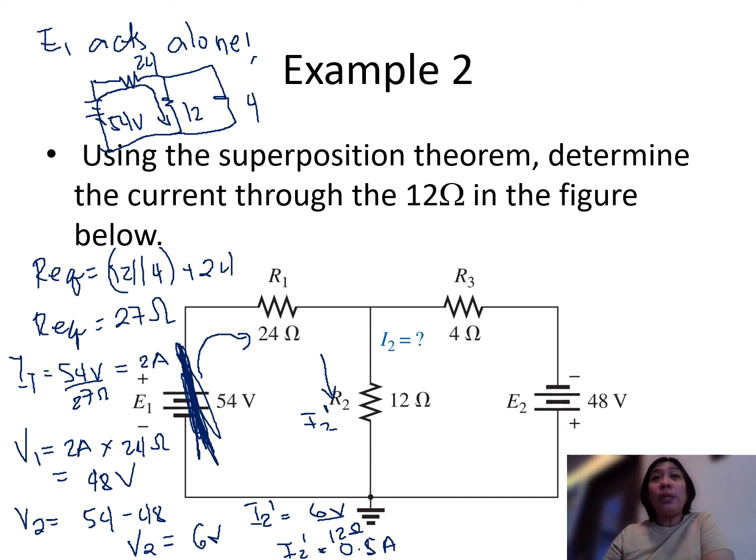If we redraw, this time let us have here E2 acts alone. When E2 acts alone, how does the circuit look like?